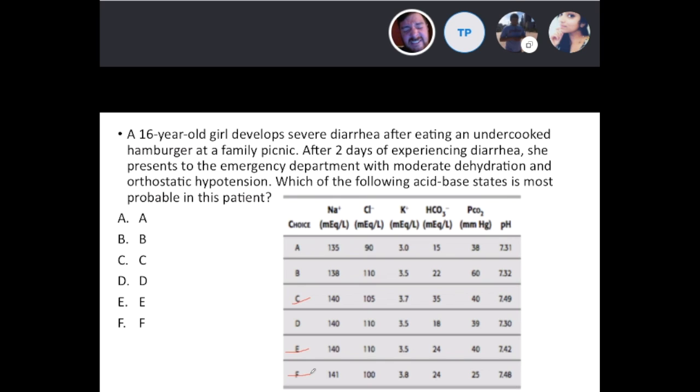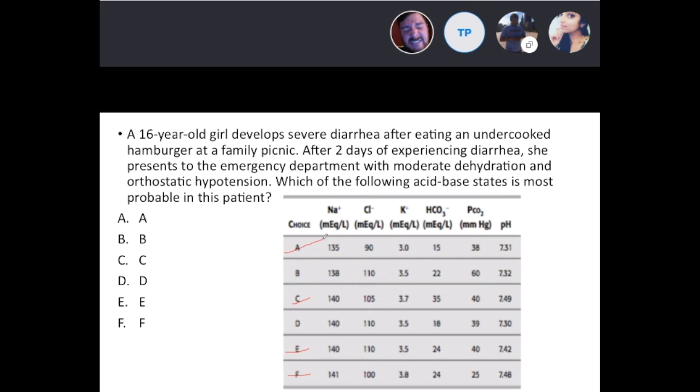138 minus 110, that's 28 minus 22, so that's 6. So that's, wait, normal is 8 to 12. 8 to 12. Okay, so that's a below normal anion gap. And then 135 minus 90, that leaves you with 45 minus 10. Okay, so that's elevated. So A is out.